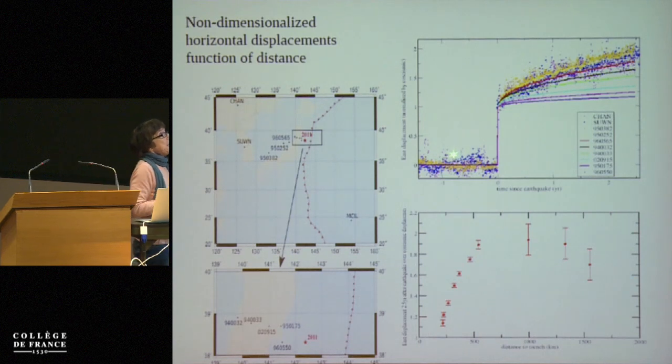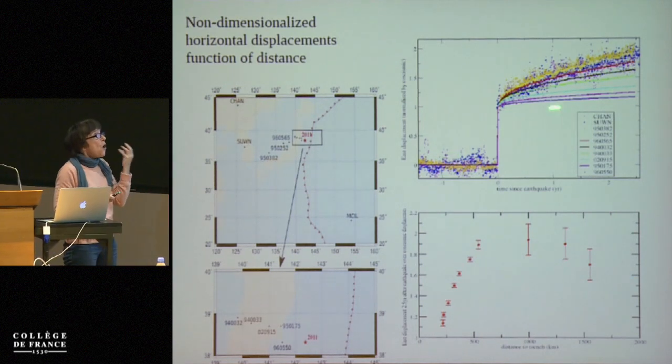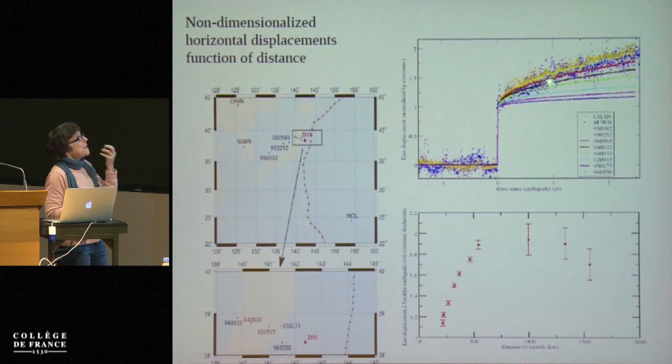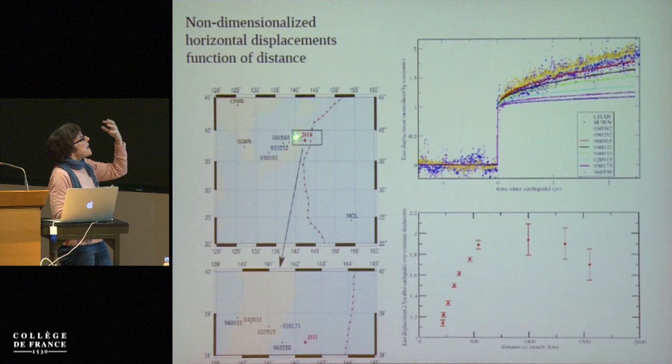And this almost raw data shows that the signals that we see cannot be slip which continues at seismogenic depths at the place where the Tohoku earthquake broke the plate interface. It has to be deformation occurring further away.